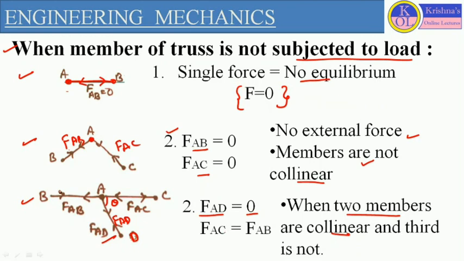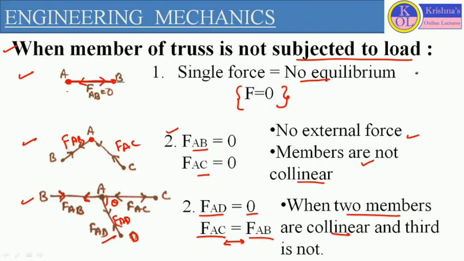But we can consider actual load on AB and AC because these two members are collinear. So FAC and FAB are considerable as the actual load on member AB and member AC. So both the forces will be equivalent.